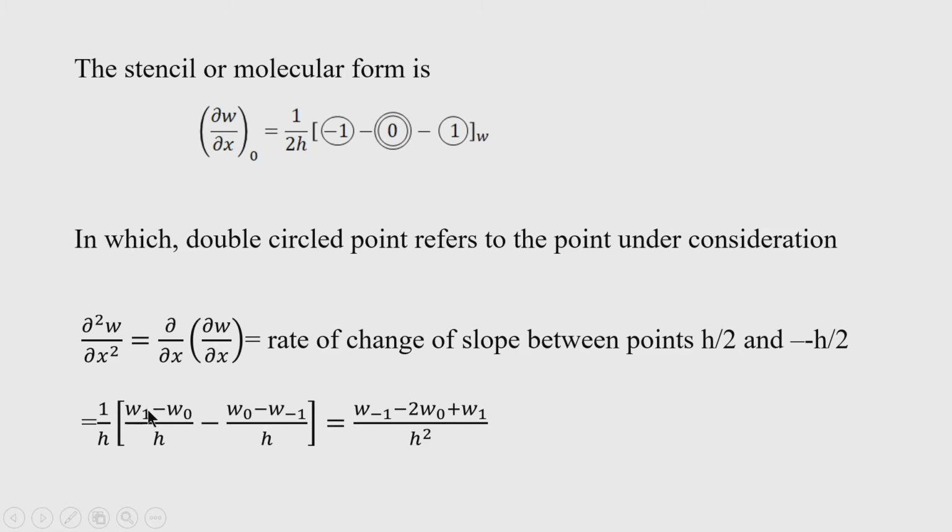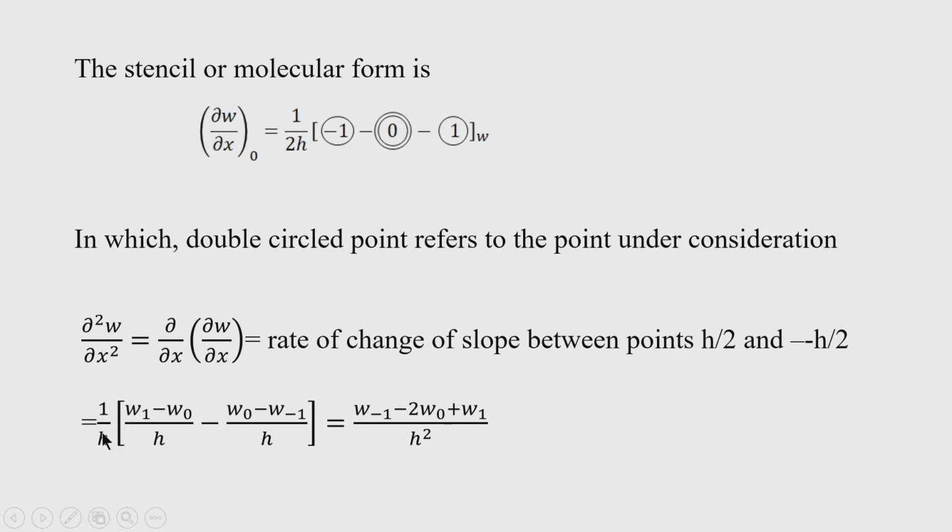So, W1 minus W0 divided by h, and then again W0 minus W minus 1 divided by h, because this is taken between points h by 2 and minus h by 2 for curvature.